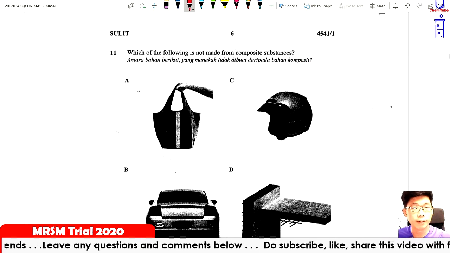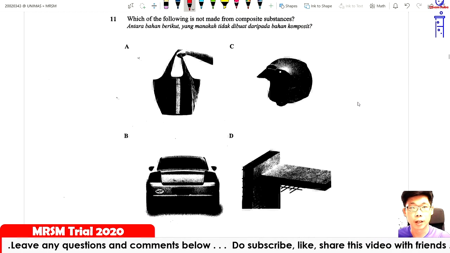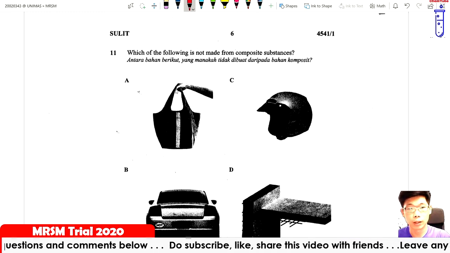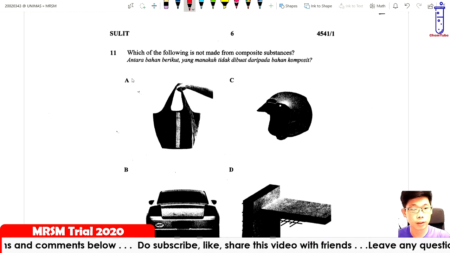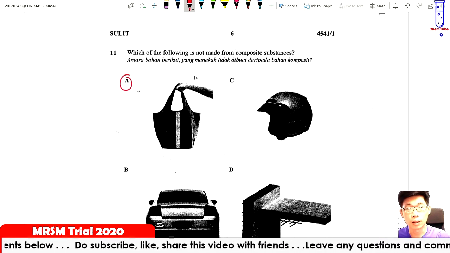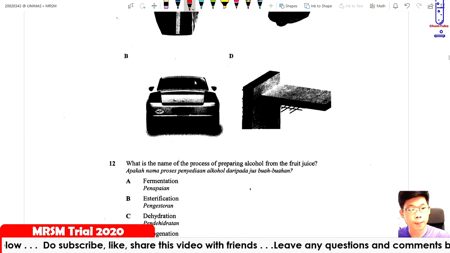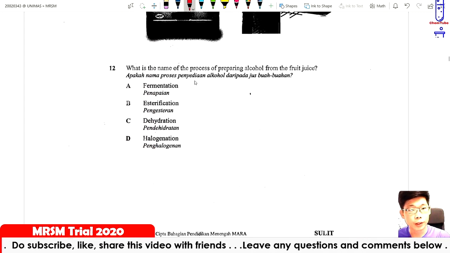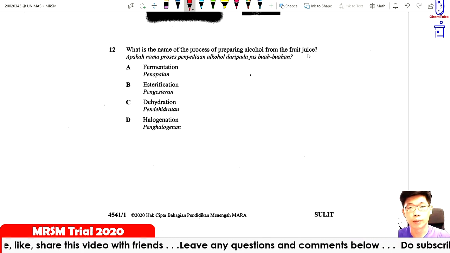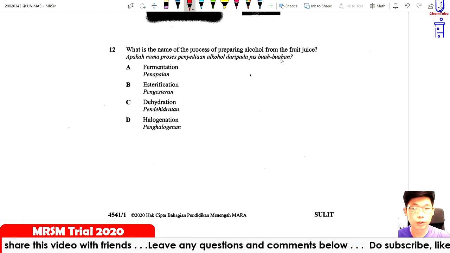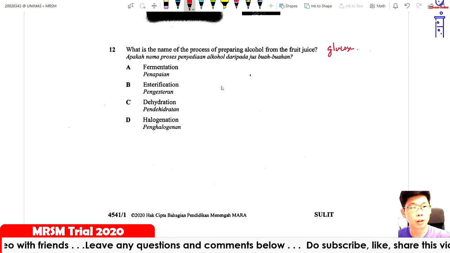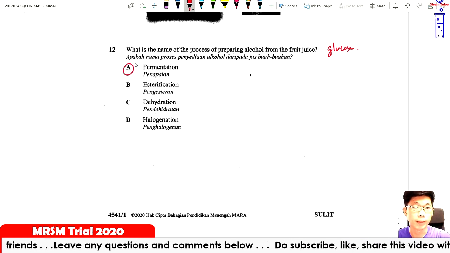Question 11. Which of the following is not made from composite substances? Looking at the choices here, obviously only A is not a composite substance. Question 12. What is the name of the process to prepare alcohol from fruit juice? Fruit juice contains glucose, right? So it is fermentation.